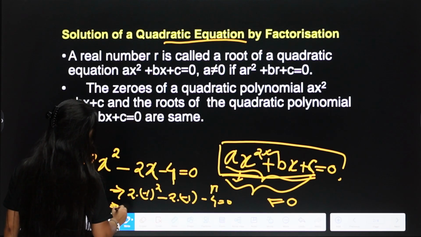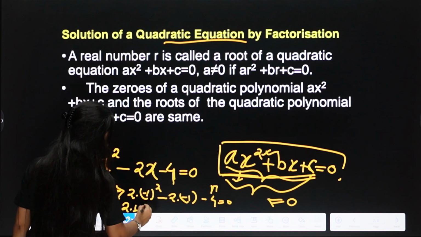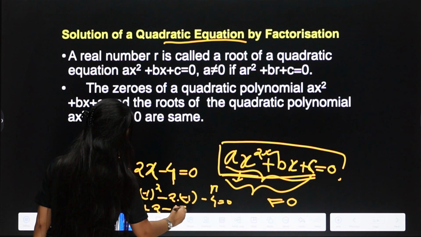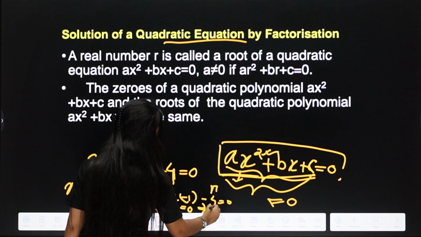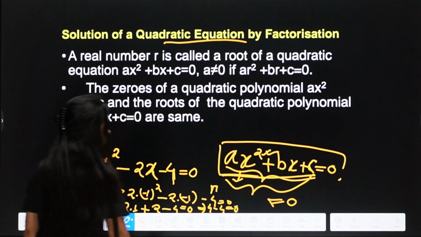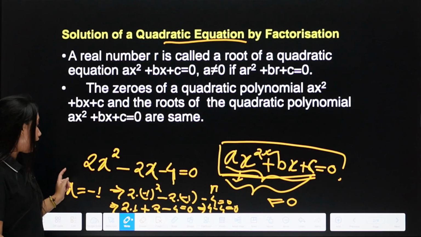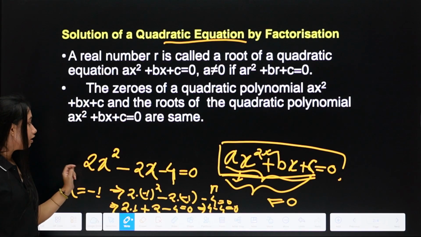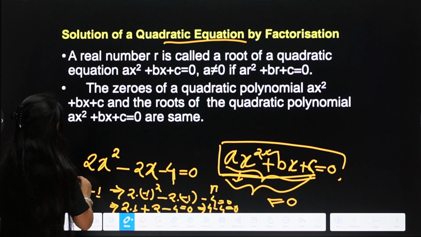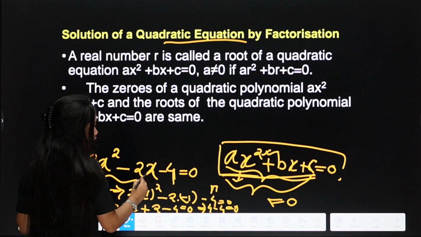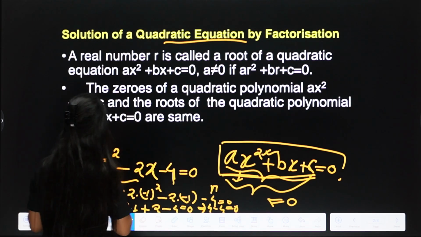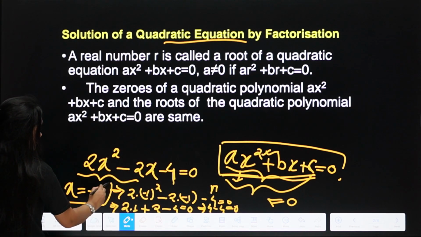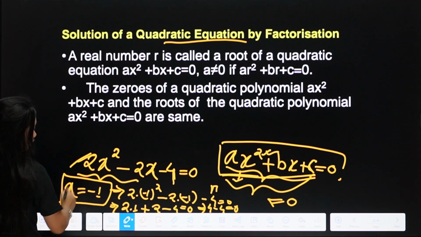So it will be 2 into 1 plus 2 minus 4 is equal to 0, that is 4 minus 4 is equal to 0. Thus, we can say that x equal to minus 1 is the root of this quadratic equation, that is 2x square minus 2x minus 4 is equal to 0.